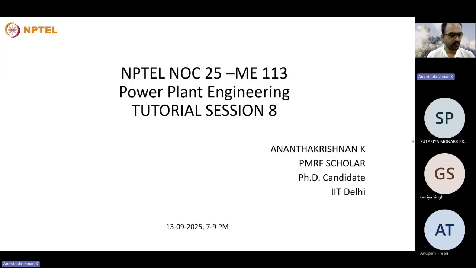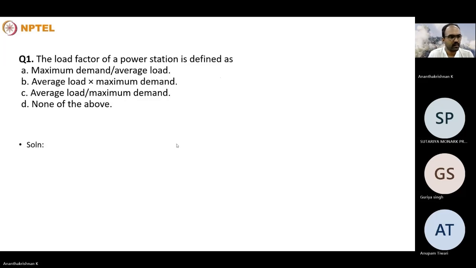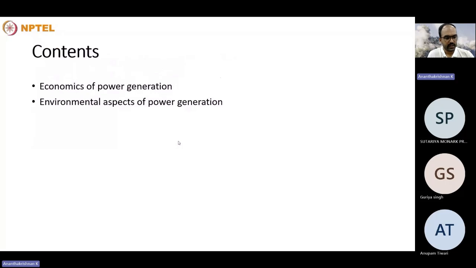We can actually move into the questions. So in this week, we will see a few multiple choice questions and numerical questions based on the economics of power generation and environmental aspects of power generation.